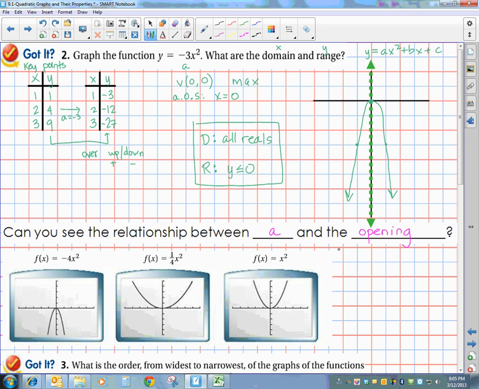So what we're trying to notice and what you need to remember, first off, is the smaller a is, and let's write absolute value, because it doesn't matter if it's positive or negative. Which is smaller between 4 and 1/4? Well, hopefully you know 1/4, because that's less than a whole. So the smaller the absolute value of a is, the wider the opening.